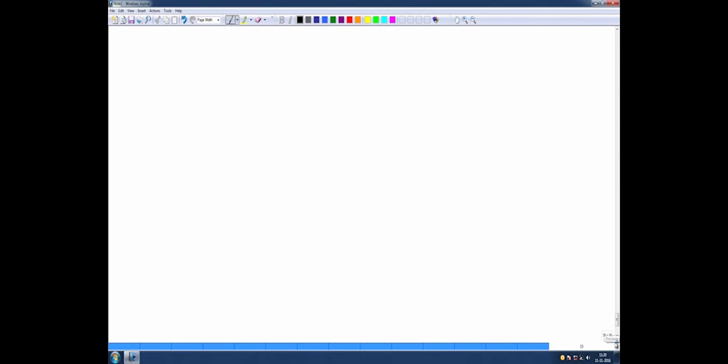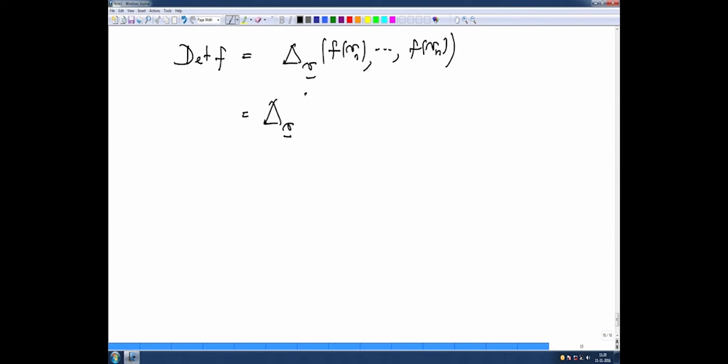So determinant of f is equal to delta v of f of v1 to f of vn. The first component is v1, so that is summation over i1 from 1 to n, a i1 1 v i1, and so on, summation in from 1 to n.